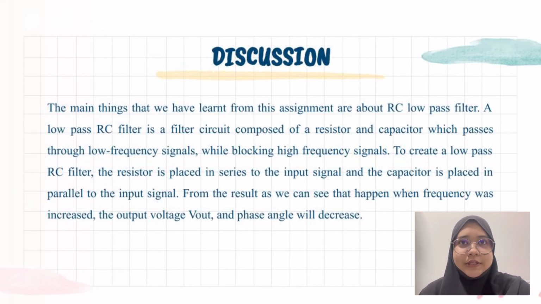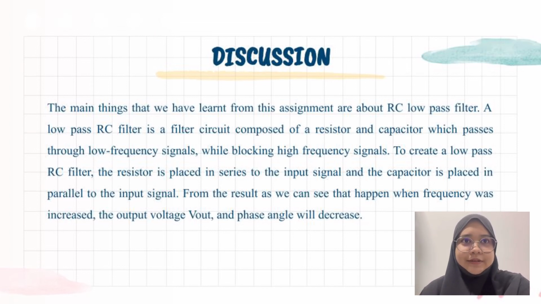A low pass RC filter is a filter circuit composed of a resistor and capacitor which passes low frequency signals while blocking high frequency signals. To create a low pass RC filter, the resistor is placed in series with the input signal and the capacitor is placed in parallel to the input signal.